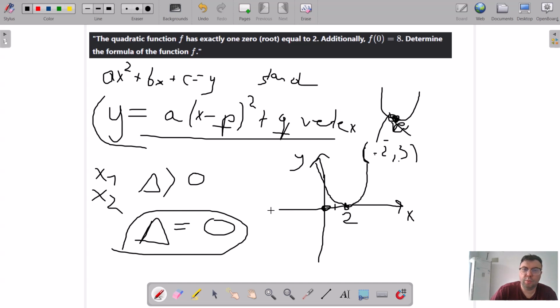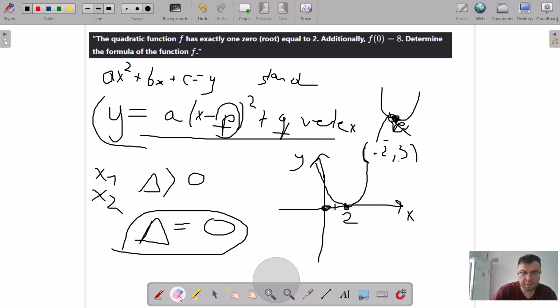So for one solution, when we have only one zero root, this root is part of the vertex, and we know that P is the x value in the vertex. This is the information we can deduce from here.